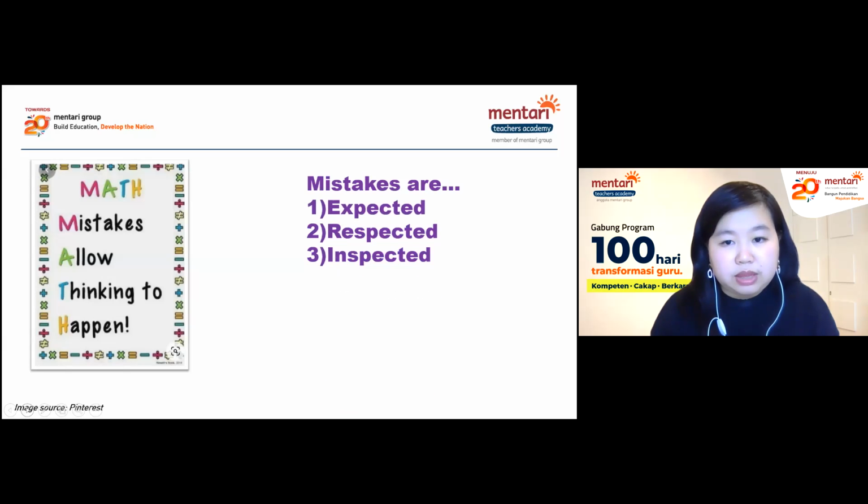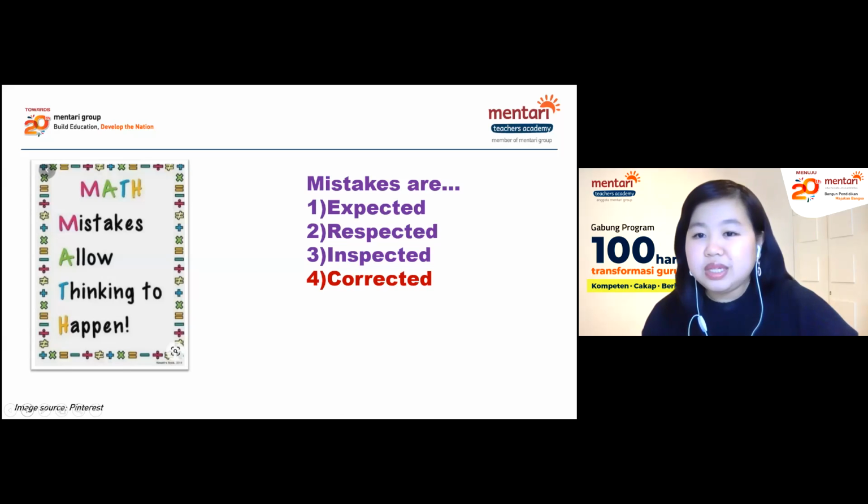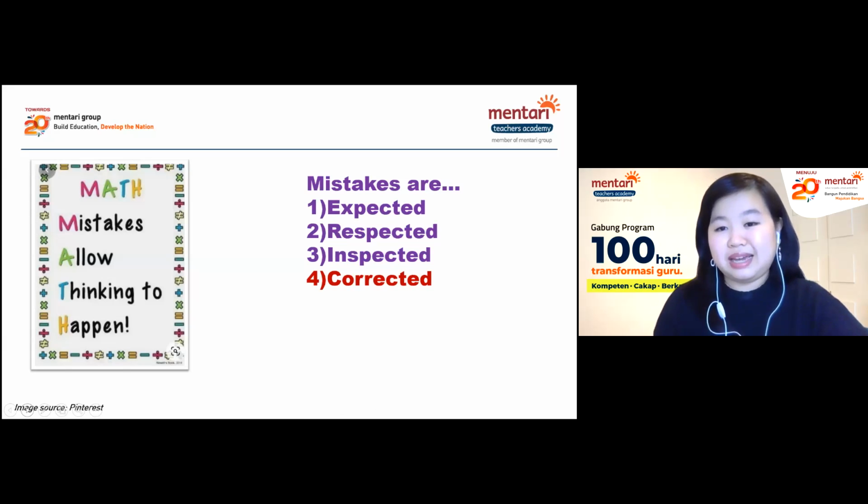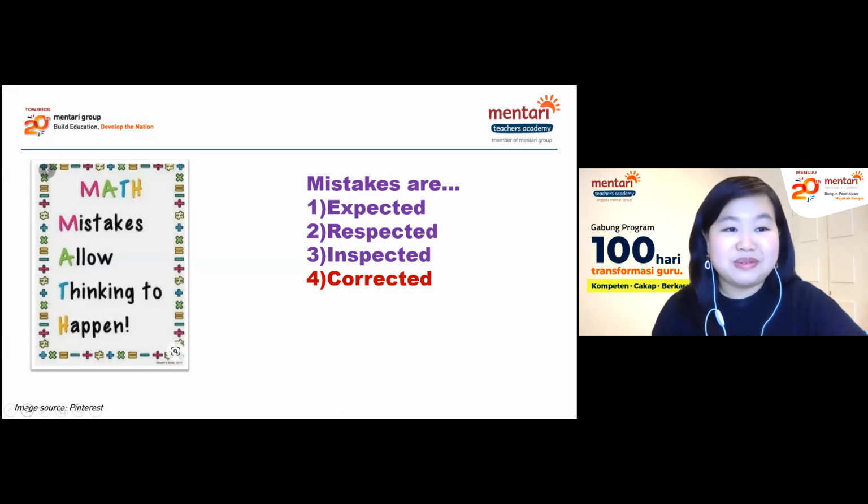So let me just leave you with this thought very quickly before jumping into the last activity. In a math class, I would encourage this, that mistakes are expected, respected, inspected, and corrected. Sometimes as a math teacher, I'm also guilty of jumping straight into correcting the mistakes, right? Well, hang on a second.